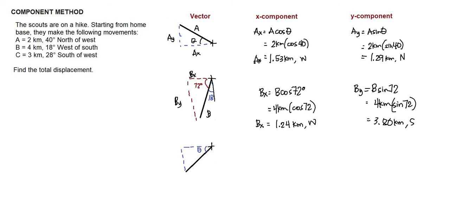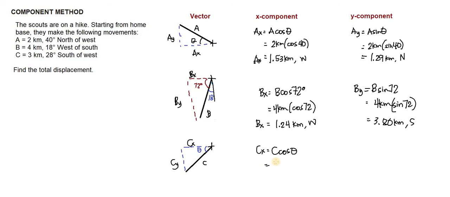Okay, this is your C. This is C. Okay, for letter C, let's just write here the components. So, we have C, C sub X, and then C sub Y. So for us to compute for C sub X, of course, that is C cosine of theta.